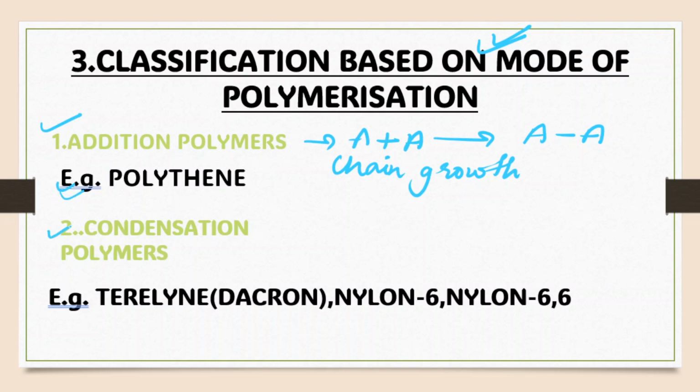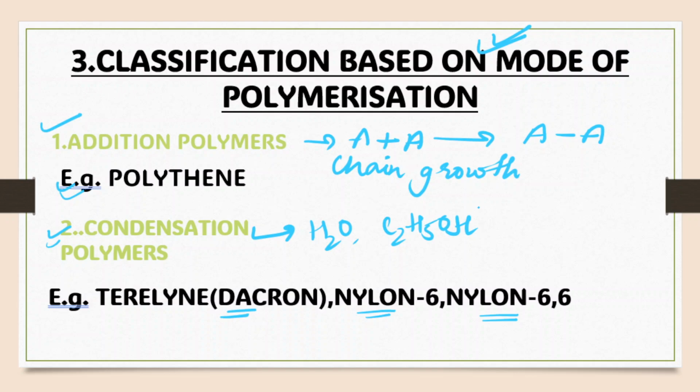Second are the condensation polymers. Examples are terylene, that is Dacron, which is the common name, nylon 6 and nylon 66. We will be studying all these polymers in great detail, especially with their diagrams, their structures, and their uses. Condensation polymers are formed by the removal of small molecules like water, alcohol, or sometimes ammonia from the monomeric units.